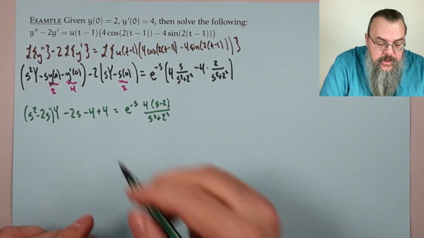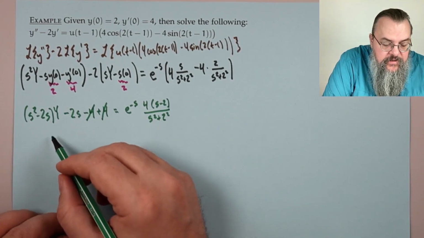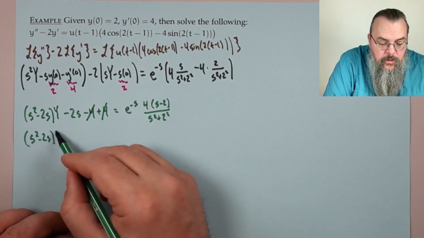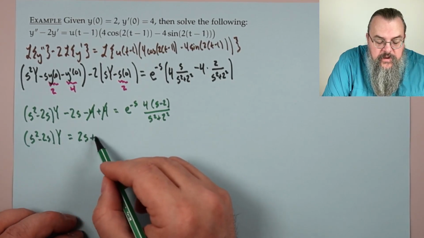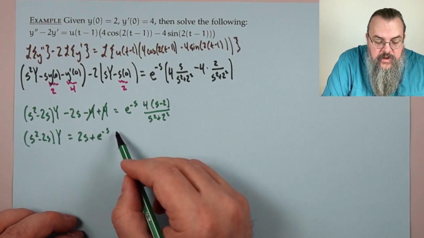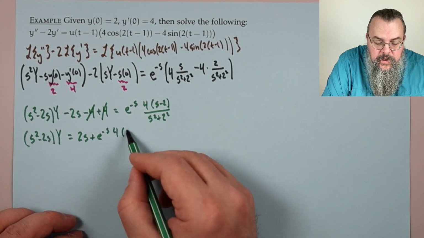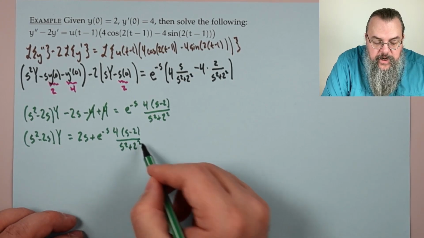Well, okay, so the 4's cancel. We'll put the 2s across. So we have s squared minus 2s times Y is equal to 2s plus e to the minus s, and then 4(s minus 2) over s squared plus 2 squared.